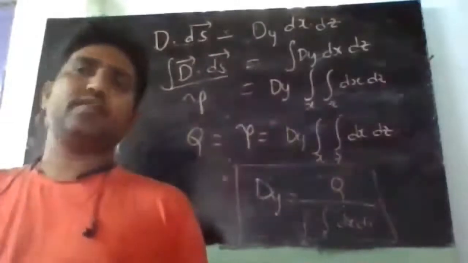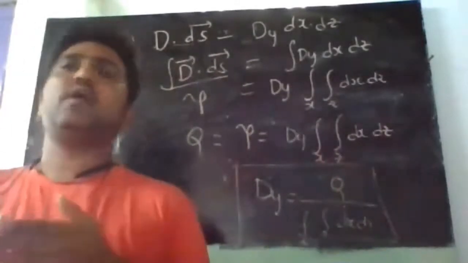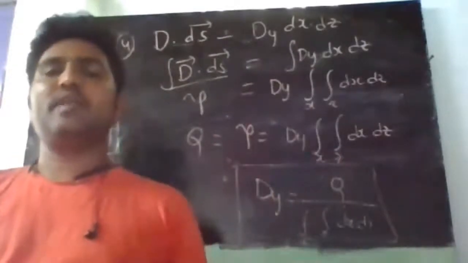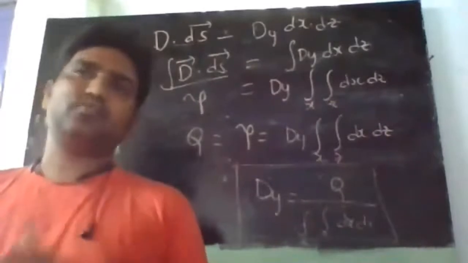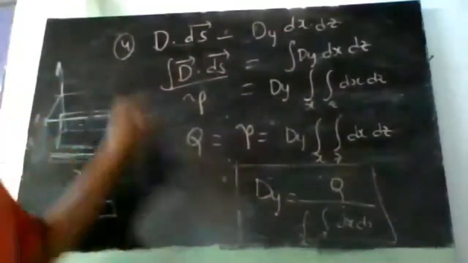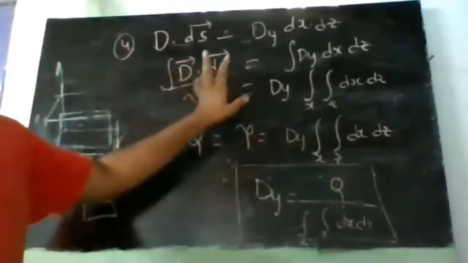Identify the normal plane, and in this normal plane, what is the D bar and what is the dS bar? Write the general expressions. Once those two are done, take the dot product D bar dot dS bar and take the integration of this. So integral D bar dot dS bar I'll get.